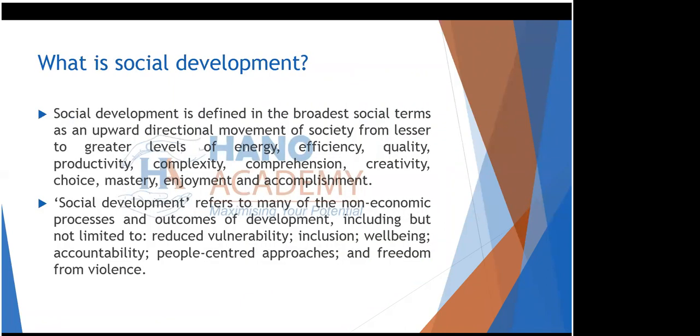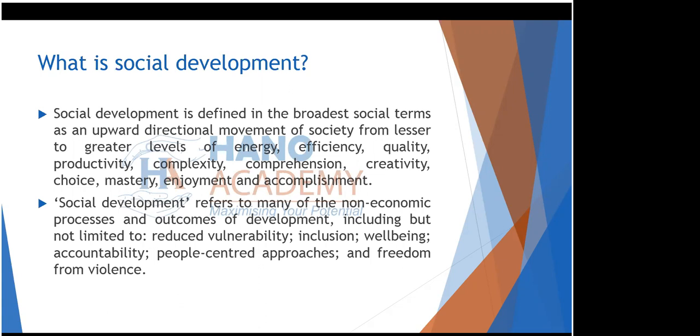So we still give a definition of social development. And I've still raised the question, what is social development? We have given the earlier definitions of social development, but let us also make an additional definition of two or three points here.